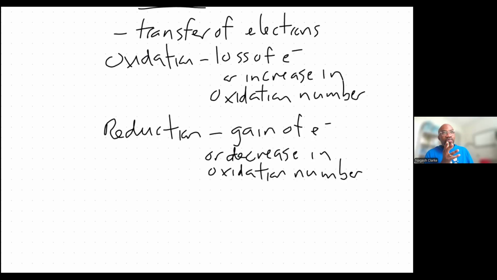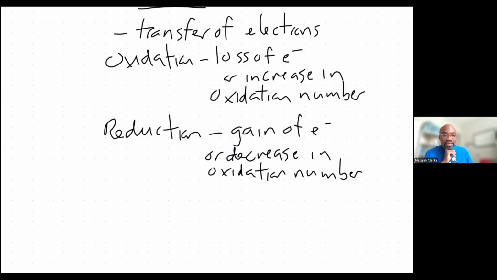Or the opposite is true. So if you have a high oxidation number, you're more easily reduced than if you have a lower oxidation number. So it's a way to kind of track how easily something's going to lose electrons, for example, like a metal. So we can rank metals in terms of how great they are at being oxidized or how great they are as reducing agents. So let's talk about the agents.